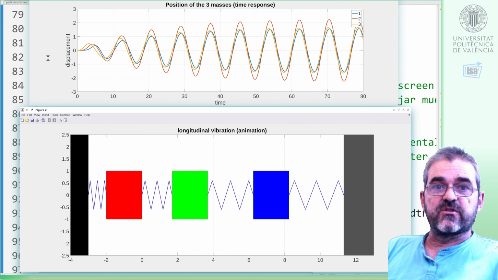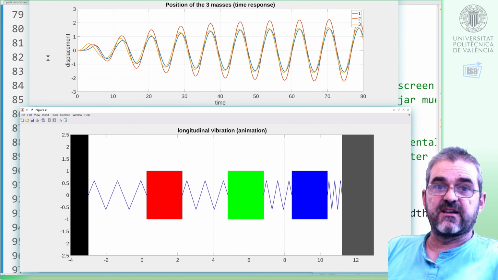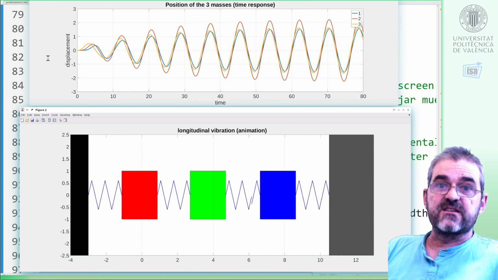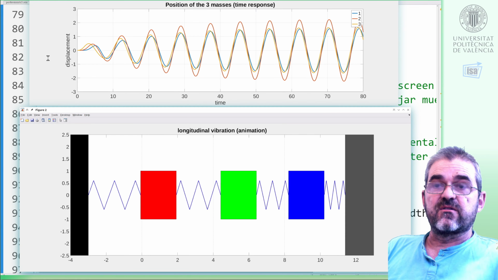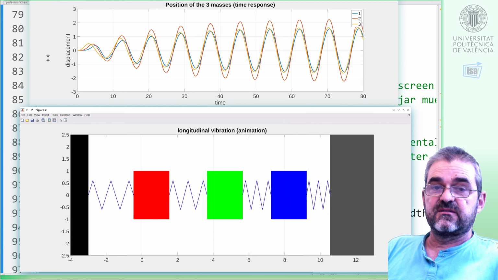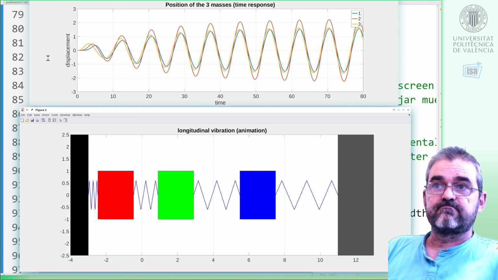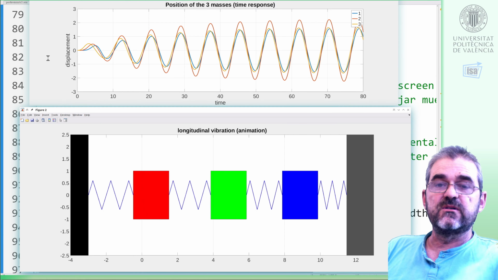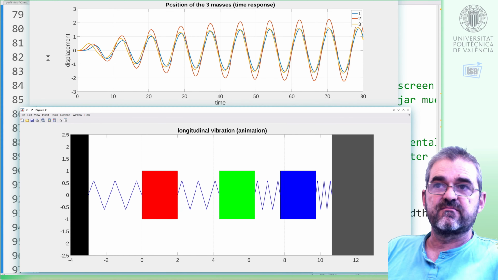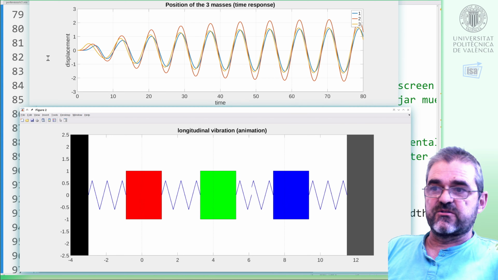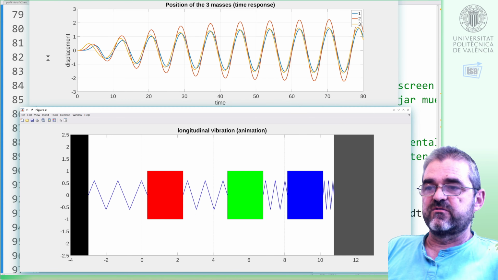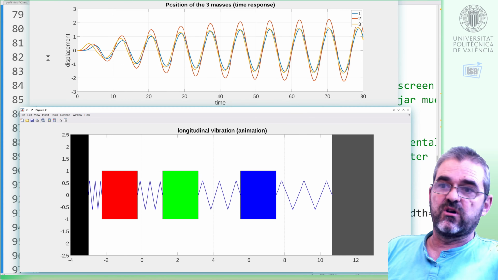And indeed, the responses are 3 sinusoids with a given amplitude and phase shift between them, that in this case, it seems the 3 masses move in phase, roughly. There is a small phase difference, but not really significant. As you see, all of them move left, all of them right.